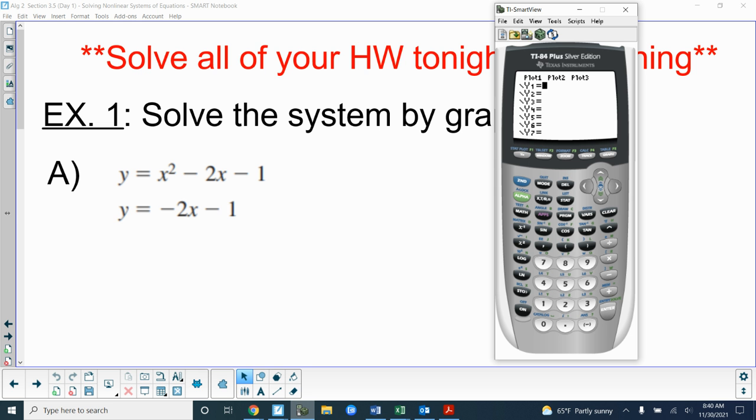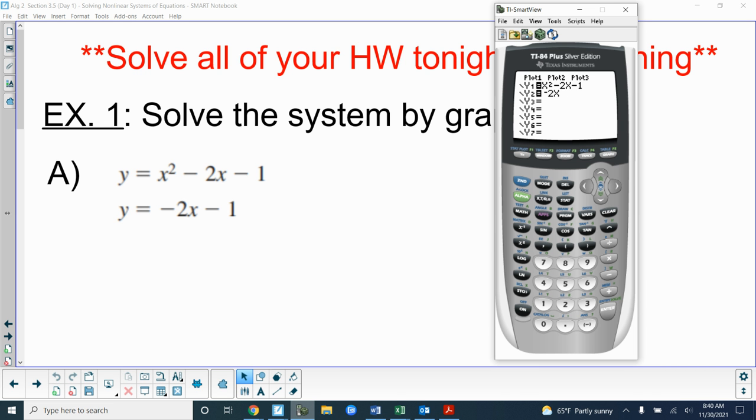So we got our x. Remember, our x there is right under the mode button. Squared minus 2x minus 1. Hit enter. And then negative. All right, so remember, this negative 2x, the negative sign is down here at the very bottom. And then 2x.